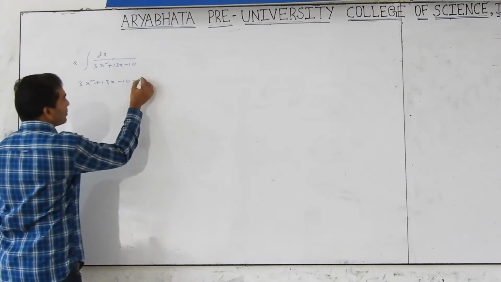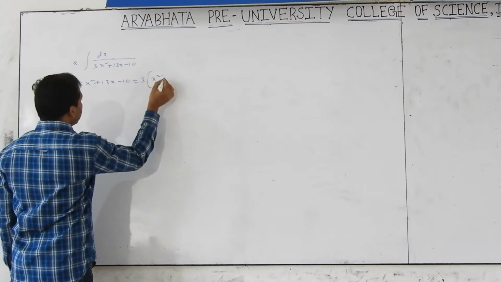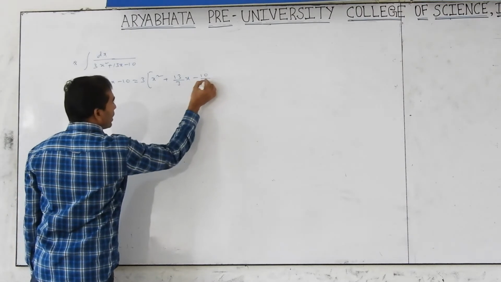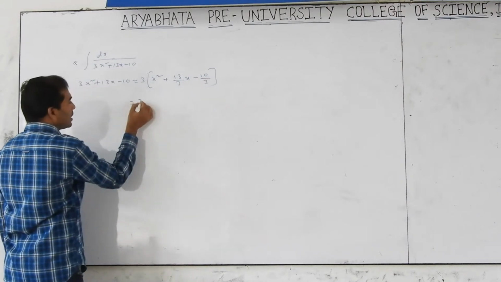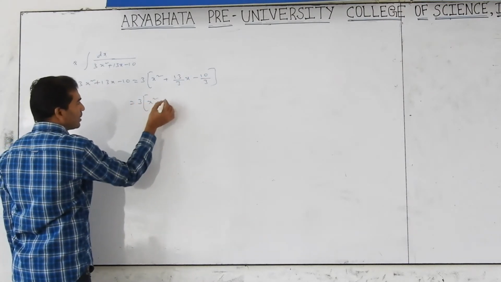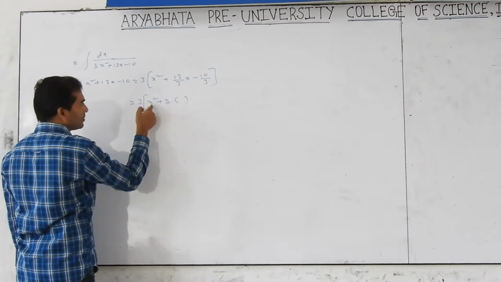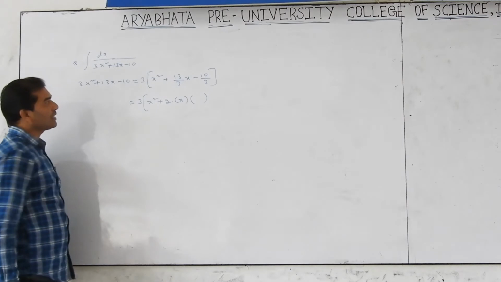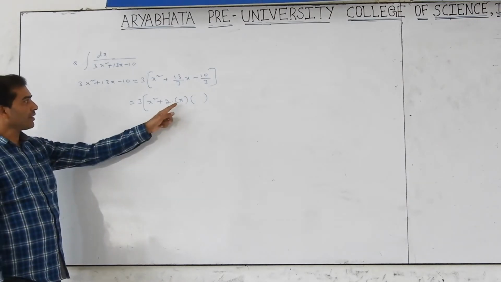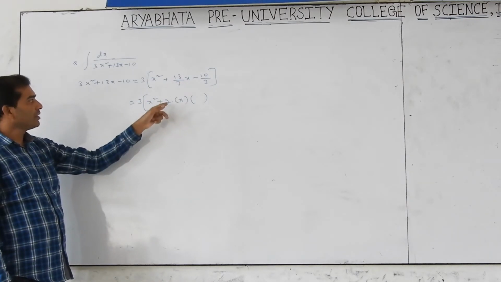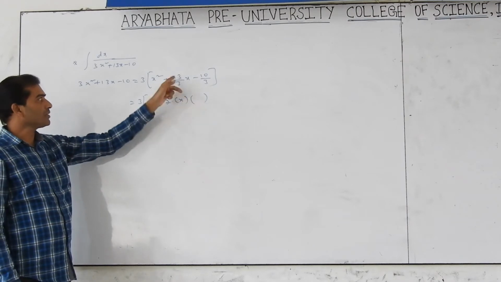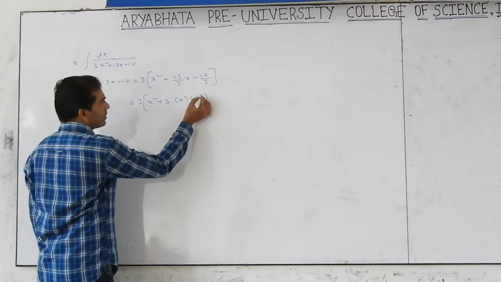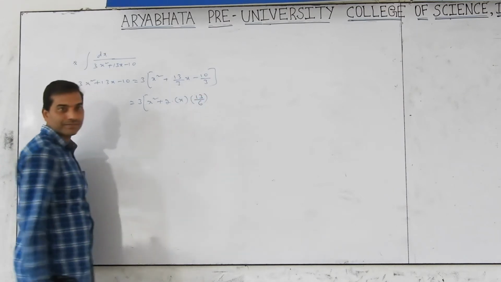Okay, 3 into x square plus 13 by 3x minus 10 by 3. Compare with x square plus 2bx. By taking how much do you get 13 by 3x? 2x is already there, x will be there. 2 times what gives 13 by 3? 13 by 6.